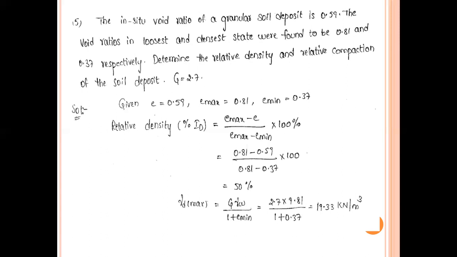So ID equals E maximum 0.81, the loosest state, minus E value 0.59, the void ratio, divided by E max 0.81 minus E minimum 0.37, into 100. That equals 50 percent. It is the relative density ID equal to 50 percent.